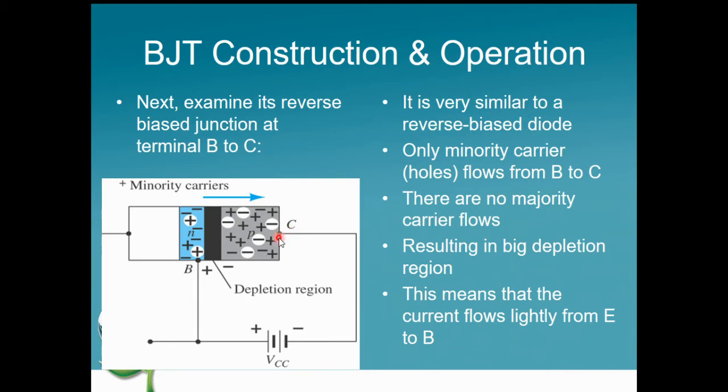So the majority carrier of the P material, the holes, will be attracted to the negative, and then the positive here will push minority holes inside the N, and then they go through to this side. However, it will result in a large, very wide depletion region. So this is a reverse bias.